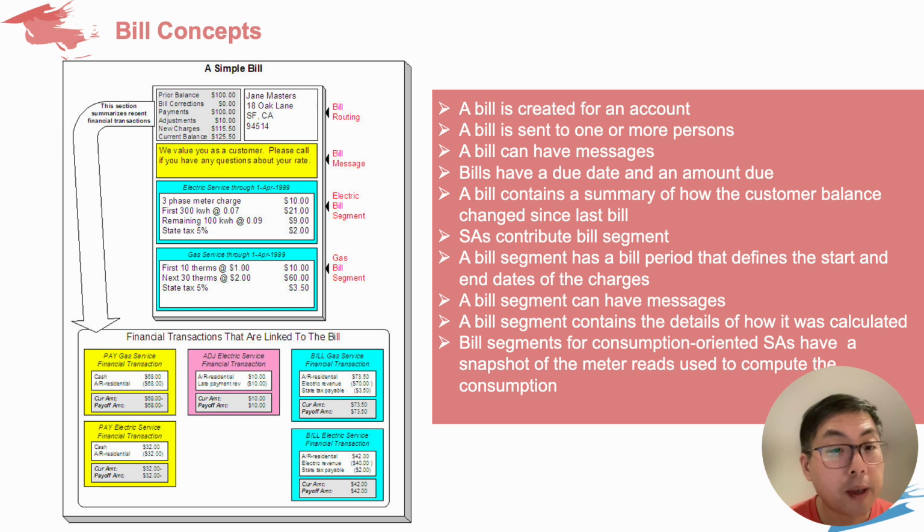After that, a bill segment can have messages. Yes, the bill segment level can also have messages. A bill segment contains the details of how it was calculated. As we mentioned, it could be consumption based, or it could be a one-off charge, or a recurring charge, which is not consumption based.